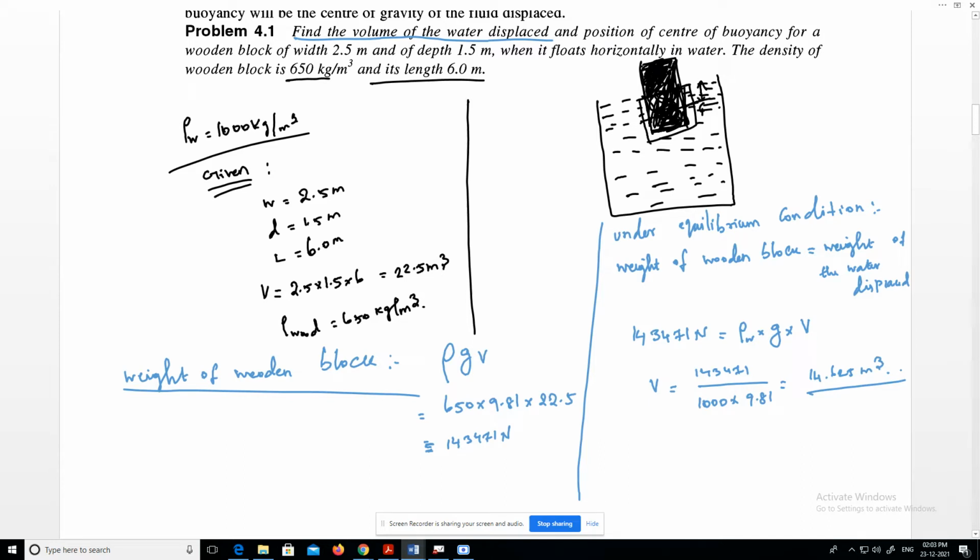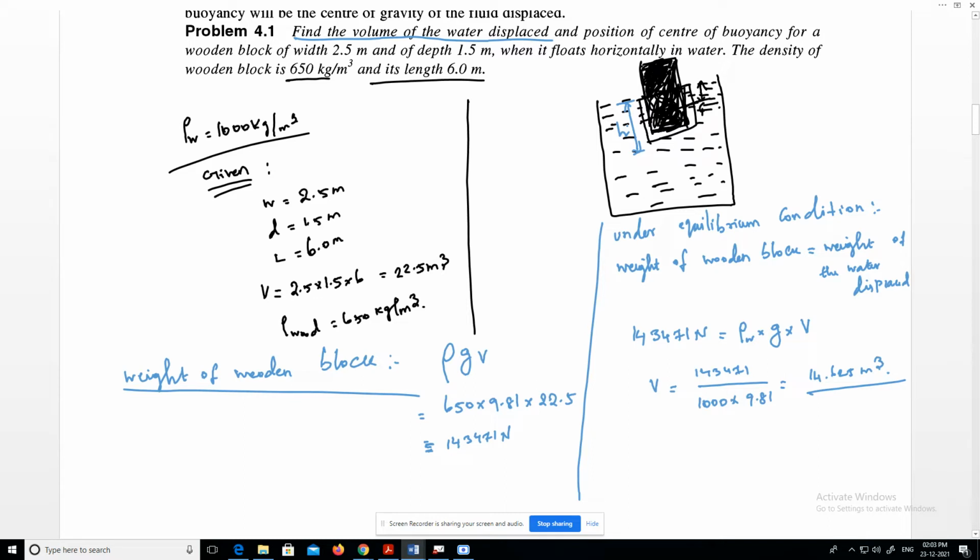Now we want to find out the center of buoyancy. How will you find it? First of all, we have to find out the total submerged height of the body in water. Okay.